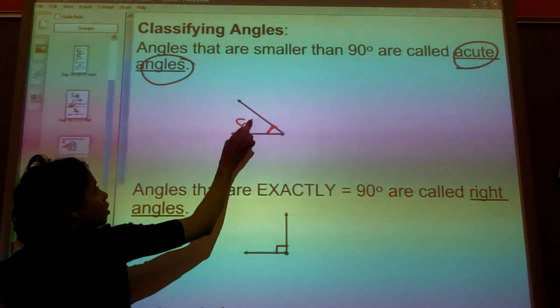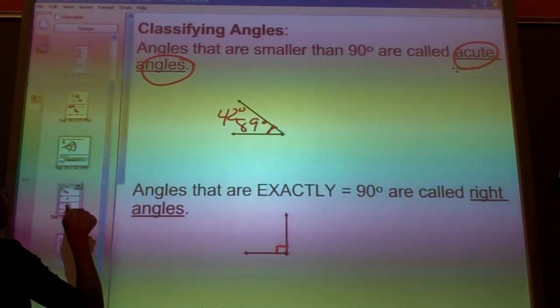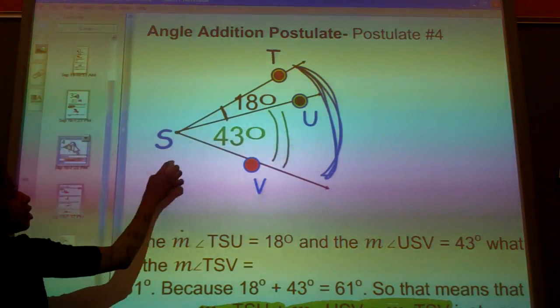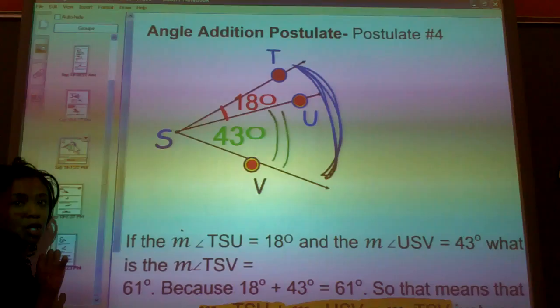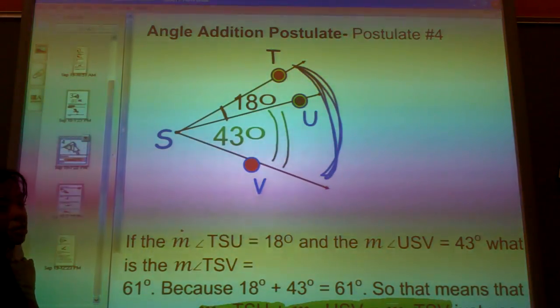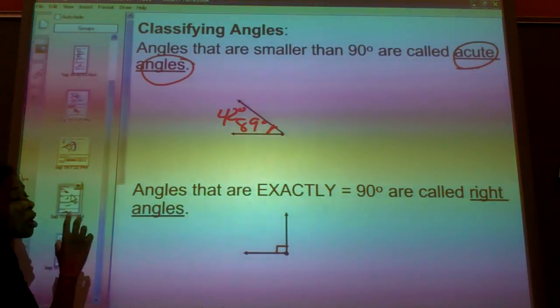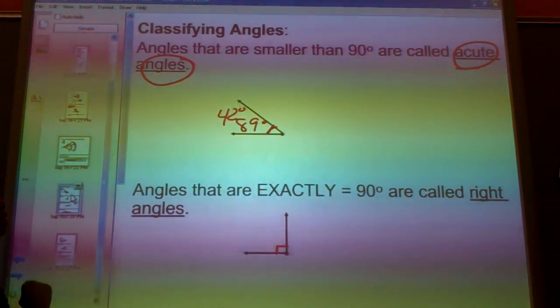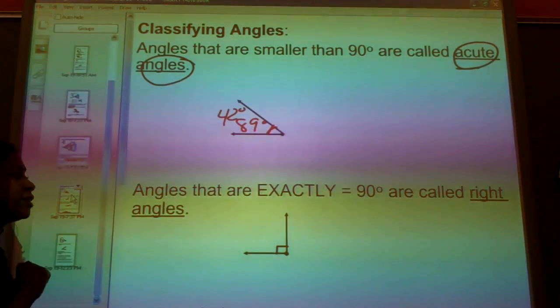It could be 89 degrees, it could be 42 degrees. The measure of angle TSU from the last screen is an acute angle because it's 18 degrees, meaning it's below 90 degrees. So one type of angle is an acute angle, when the interior angle measure is lower than 90 degrees.